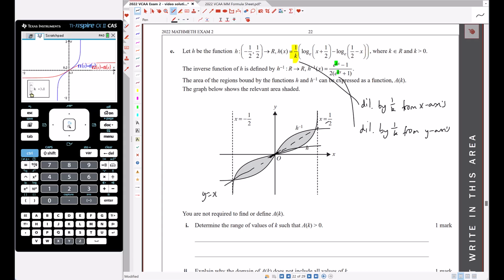The inverse will start to do that, and the original will start to do that, and they won't intersect at all. So I want to know the value of k when f dash of x is equal to 1 when x equals 0. That's going to be the tipping point.